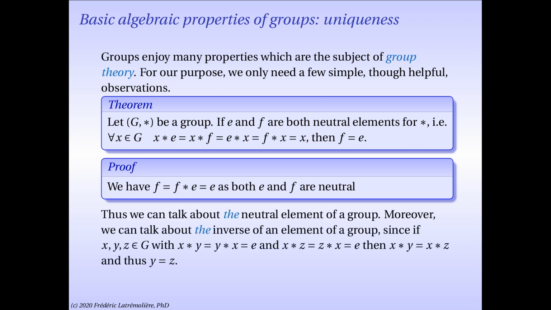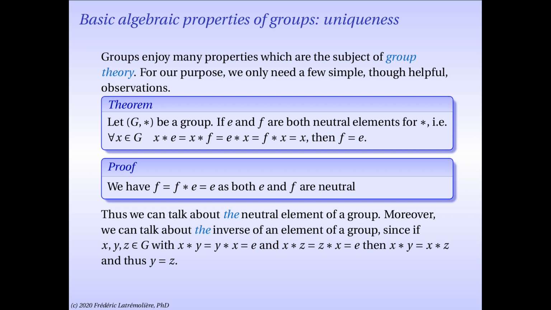Thus, we can talk about the neutral element of a group. It is unique. In the same vein, we can talk about the inverse of an element of a group. Indeed, suppose we have x, y, and z in a group with a property that, first of all, x star y equals y star x equal the neutral element E, so y acts as an inverse for x.